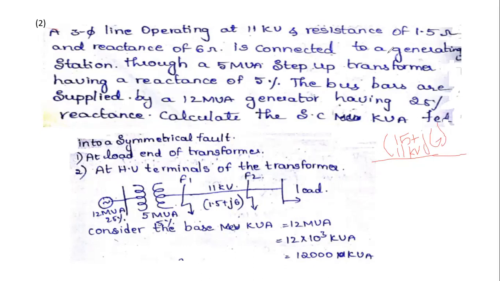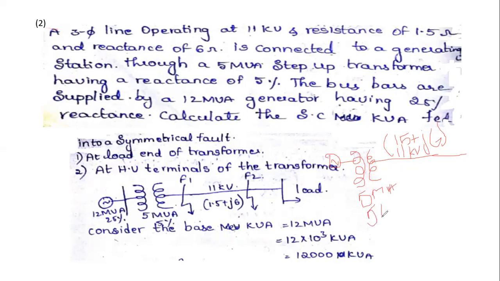This line is connected to a generating station through a 5 MVA step-up transformer. Its rating is 5 MVA, having a reactance of 5%.